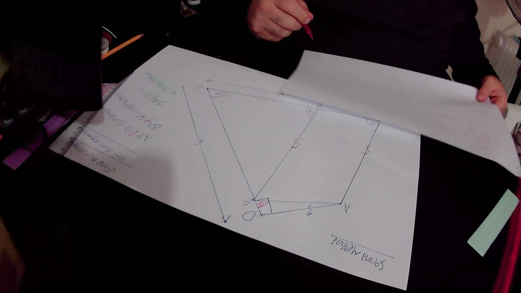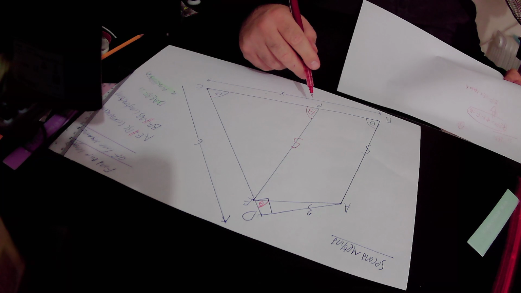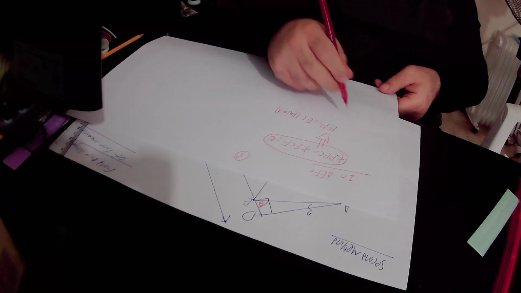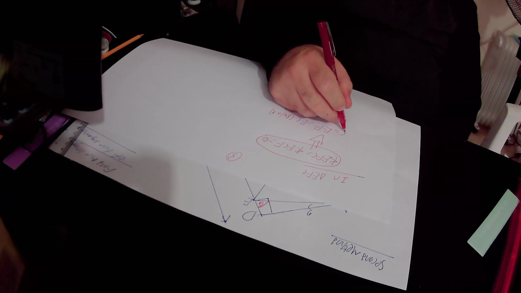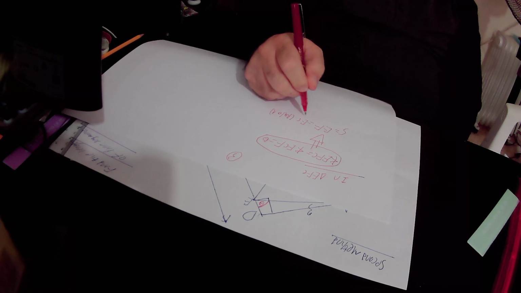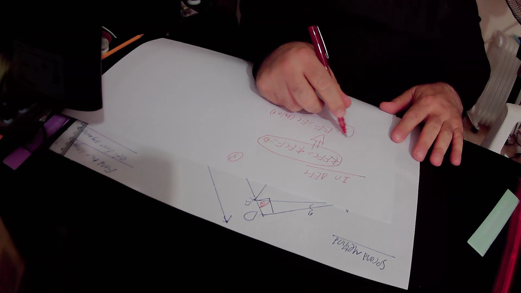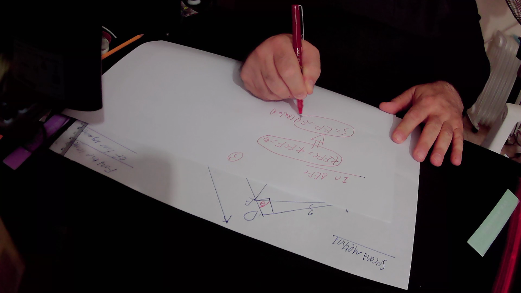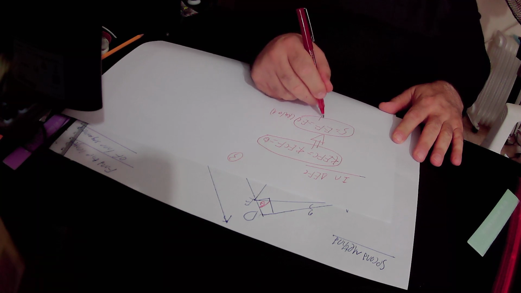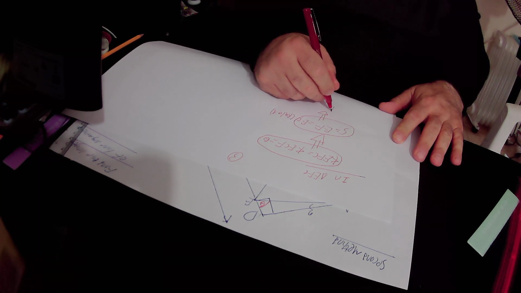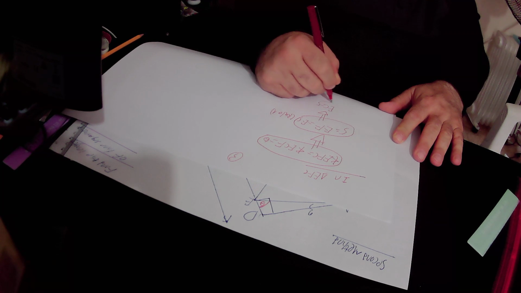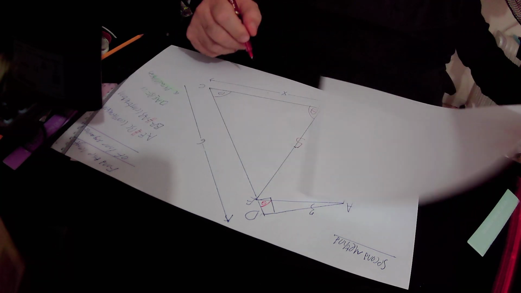But we have already found out that EC equals 5 units. From this equation, 5 equals EC equals EF, we will derive that EF is also equal to 5 units.